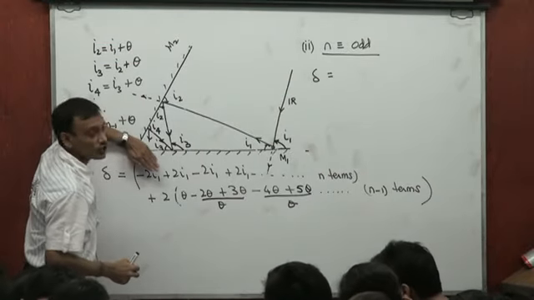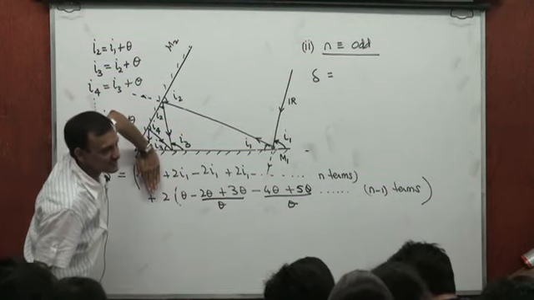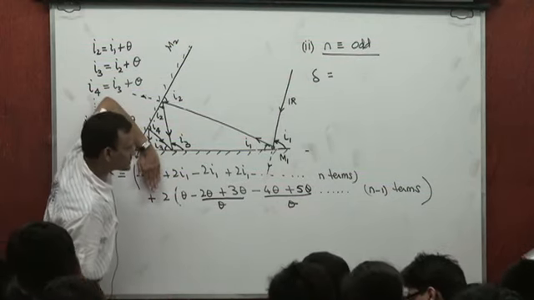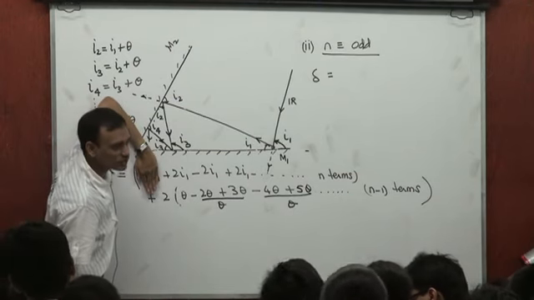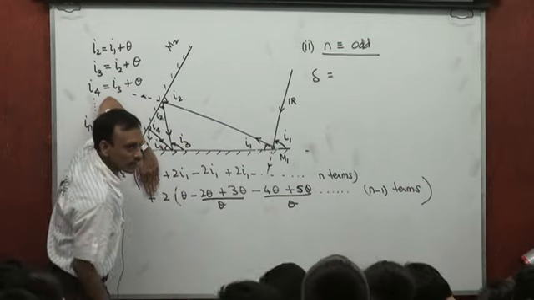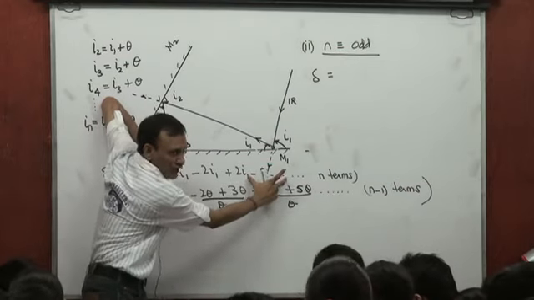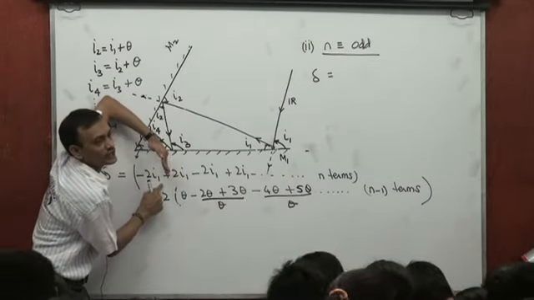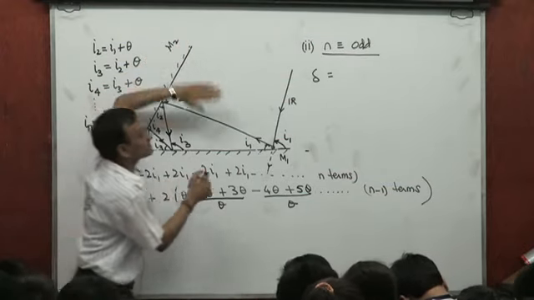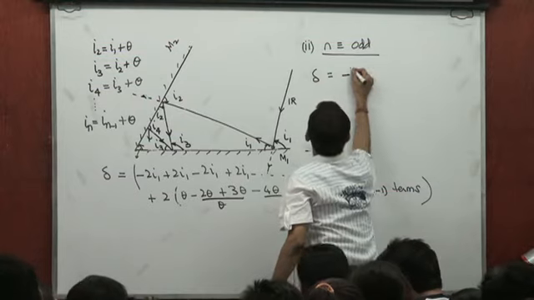Realize that when n is odd, n minus 1 is even. So now in this first group, if I isolate minus 2I1, we have complete pairing taking place and each pair adds up to zero. So then we have one isolated term which is minus 2I1. Yes or no? Right? So this is like a minus 2I1.